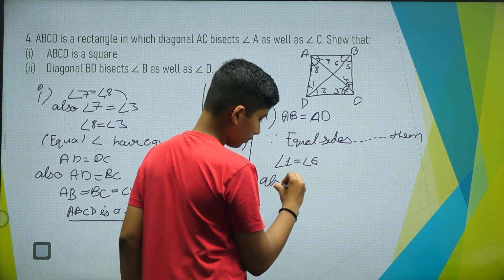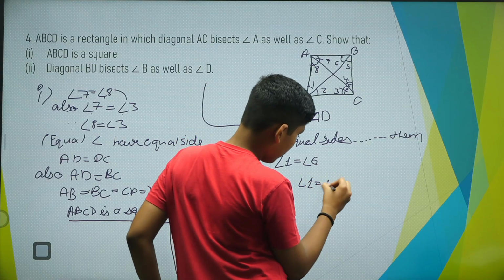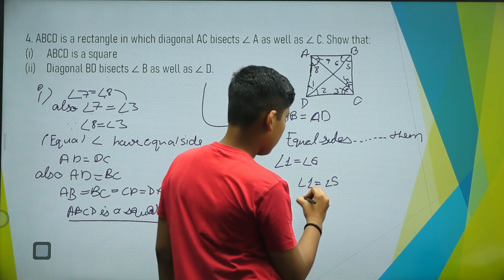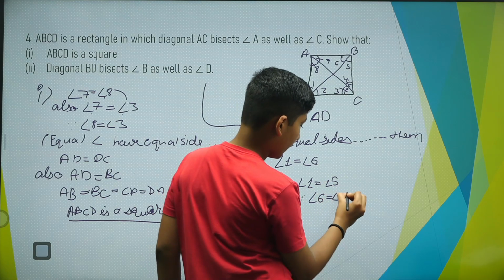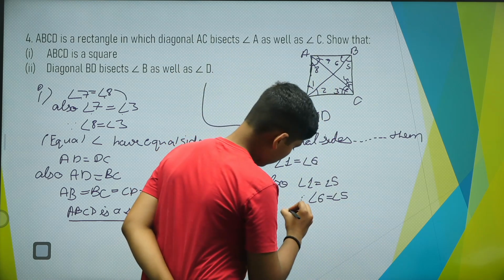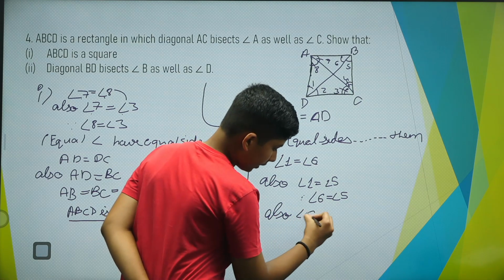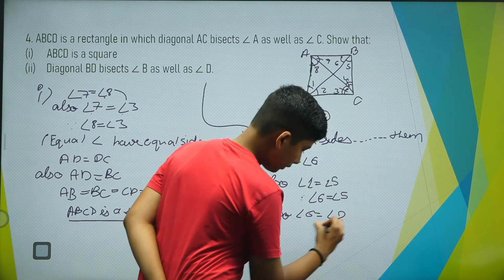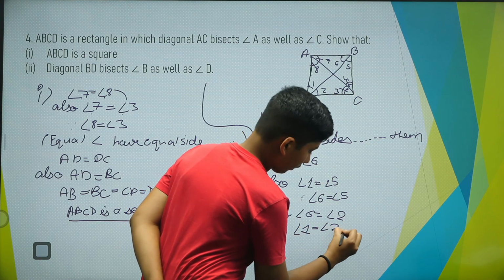Also angle 1 equals angle 5. Therefore angle 6 equals angle 5. Also angle 6 equals angle 2. Therefore angle 1 equals angle 2.